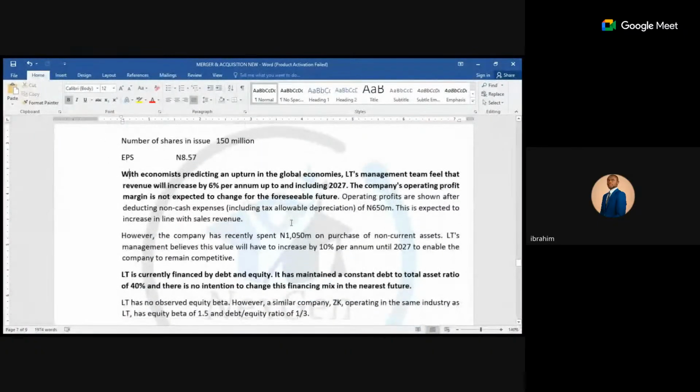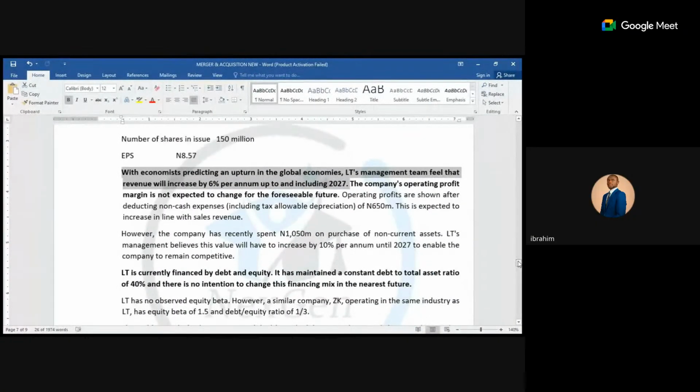Now, with economists predicting an upturn in the global economies, LT management team feel that revenue will increase by 60% per annum up to and including 2027.